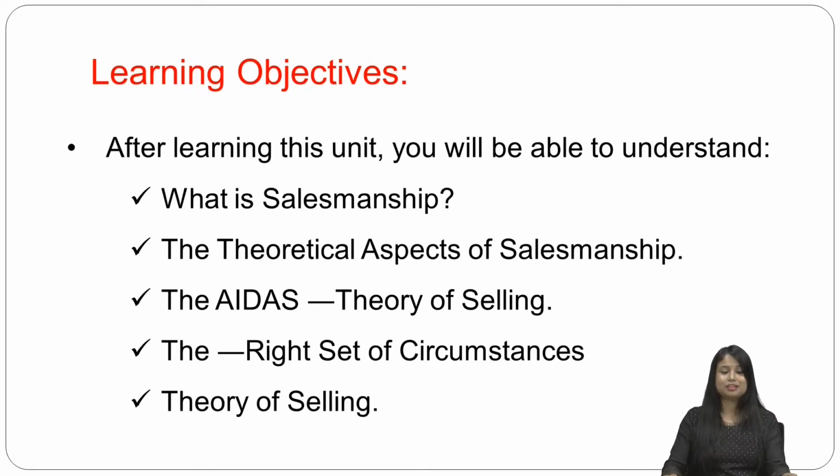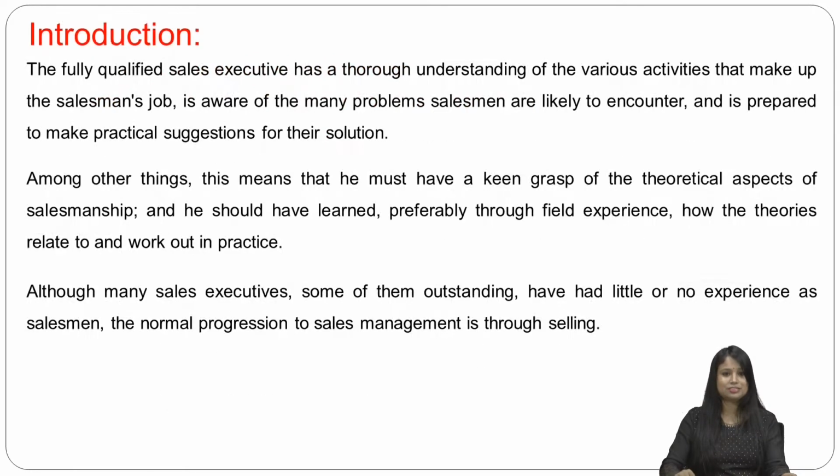So the first thing that we need to know after learning this unit, you will be able to understand what is salesmanship, the theoretical aspects of salesmanship, the ideas theory of selling, the right set of circumstances and theory of selling. The fully qualified sales executive has a true understanding of the various activities that make up the salesman's job, is aware of the many problems salesmen are likely to encounter and is prepared to make practical suggestions for the solution.